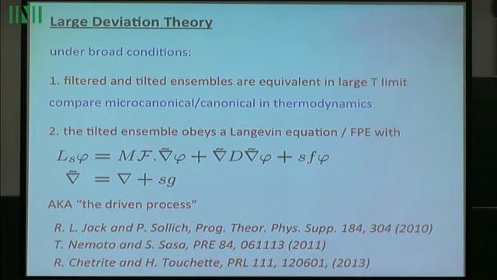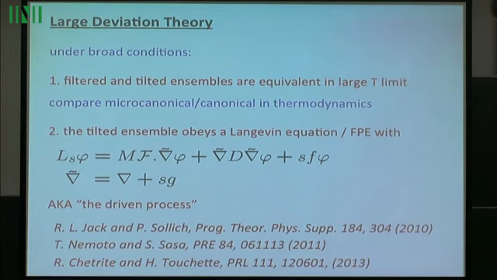And that's the Lagrange multiplier. So this is called the driven process for good reasons. It's a proper set of dynamics that gives you directly the biased ensemble of trajectories.